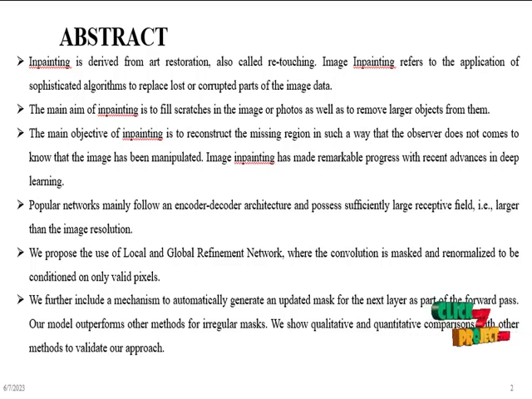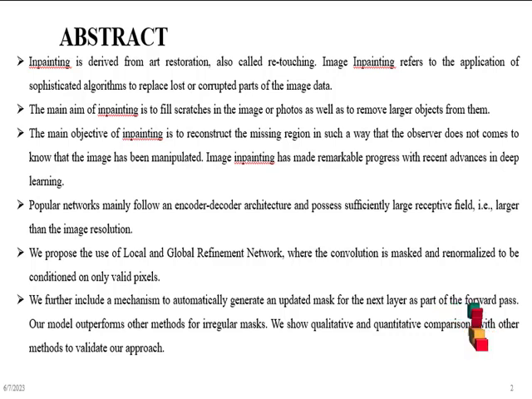We further include a mechanism to automatically generate an updated mask for the next layer as part of the forward pass. Our model outperforms other methods for irregular masks. We show qualitative and quantitative comparison with other methods to validate our approach.